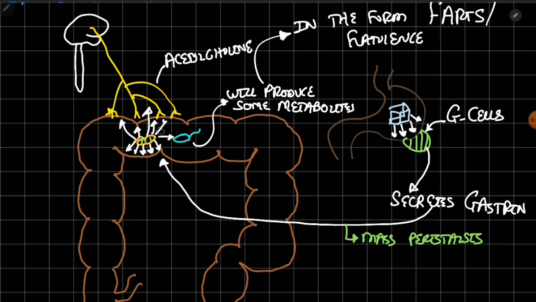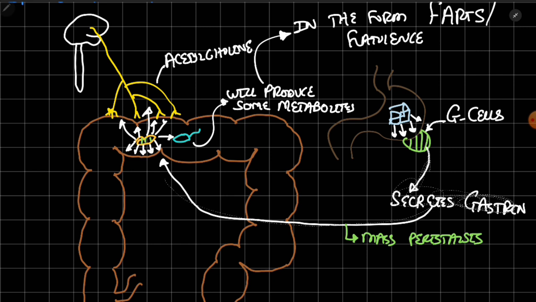But this irritation of mucosa also sends signals to the G cells of the stomach, and also the food in the stomach will send signals to the G cells. These two stimulations, from the intestine and from the stomach, will lead to the secretion of gastrin.